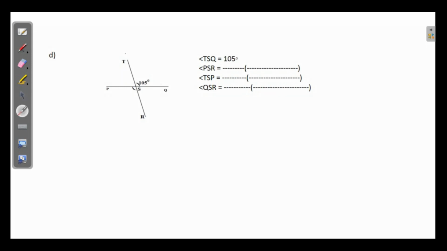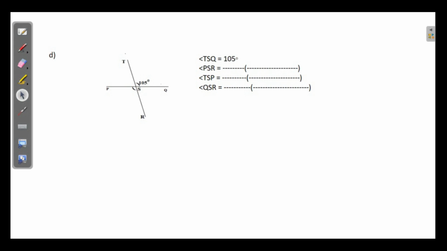Here TSQ is 105 degree. So this opposite angle, angle PSR, we have studied opposite angles are equal. So angle PSR will be 105 degree itself. And now it is very easy to write the other angles also.